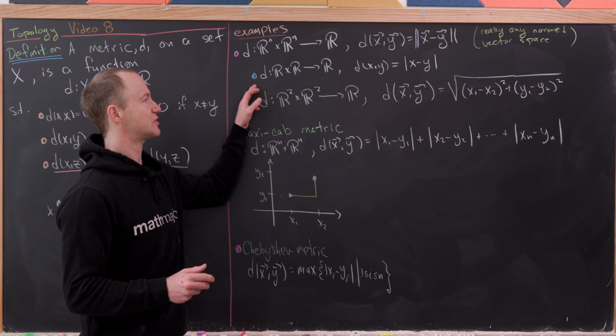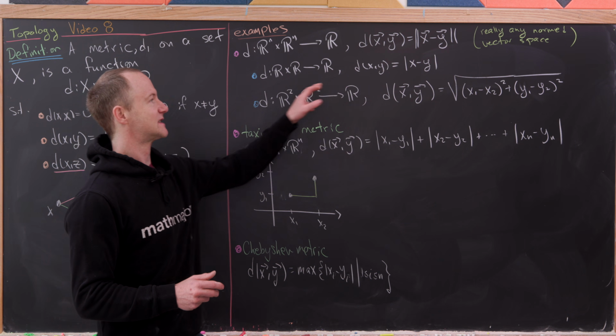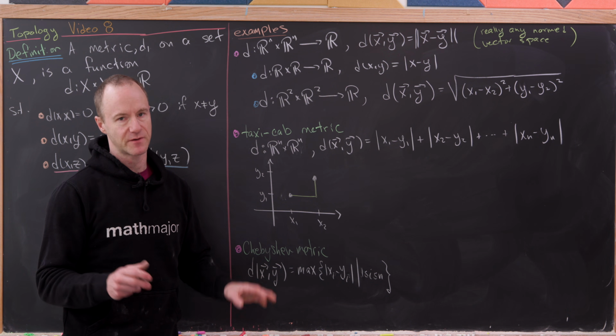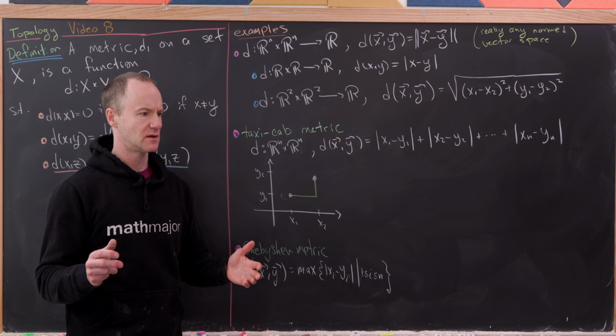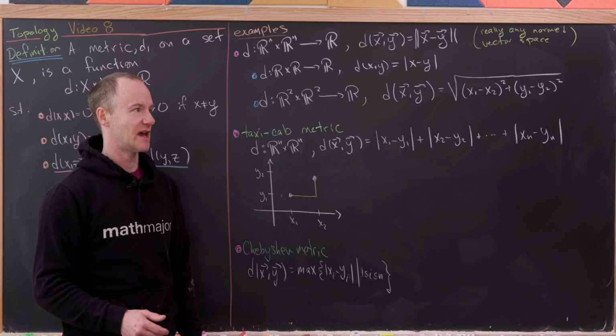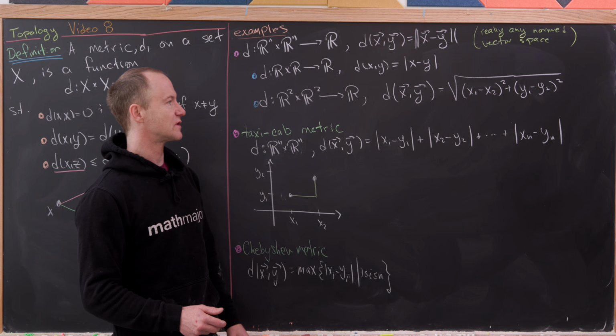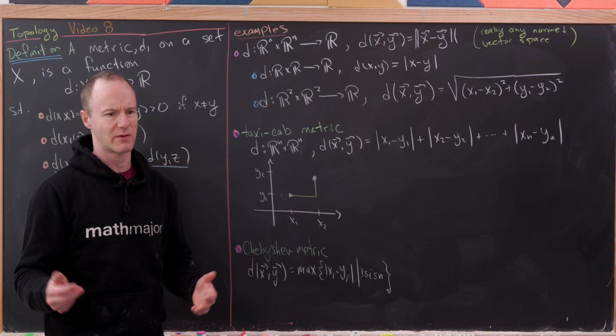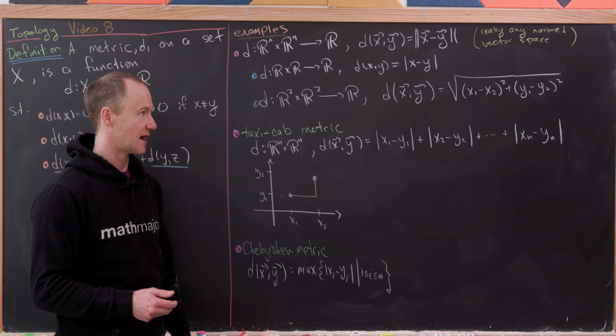So if n is equal to 1, then the distance function is simply the absolute value of the difference. I think that's a fairly obvious distance to take. And then if we've got n equals 2, the distance is just the distance formula that you learned probably in your first geometry class.